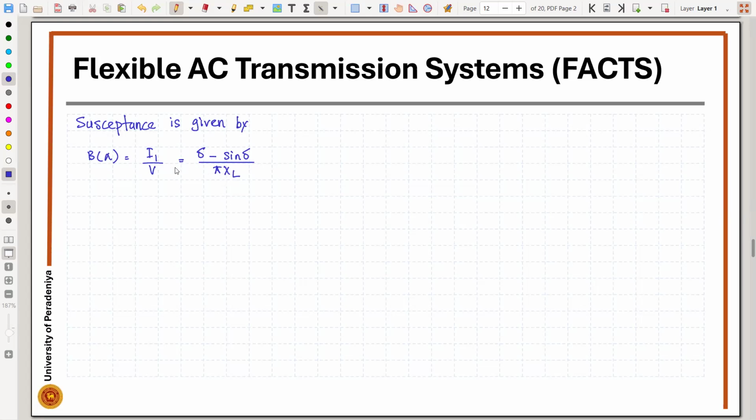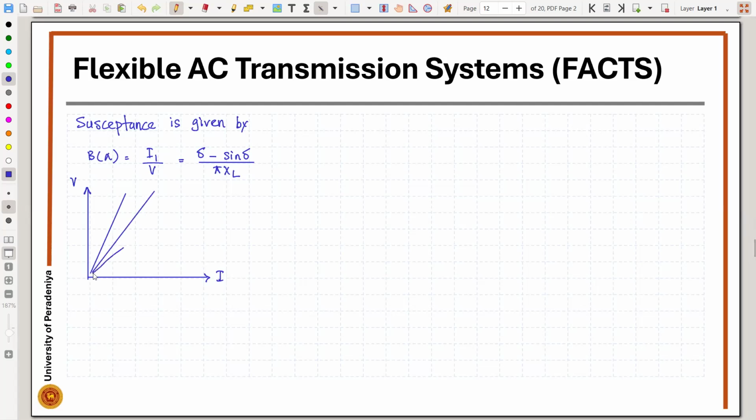So this would be the susceptance. Therefore we can draw the voltage and current relationship.